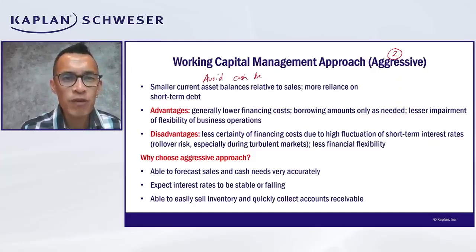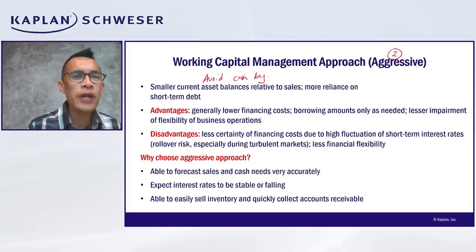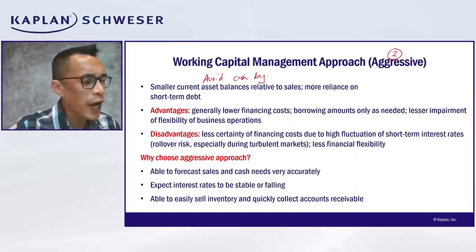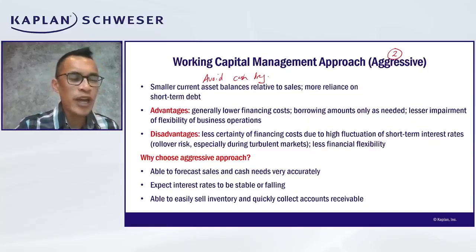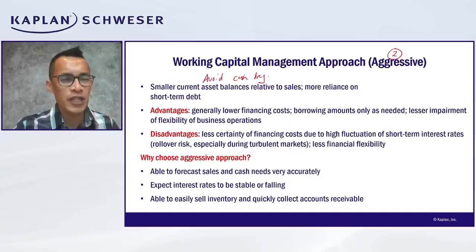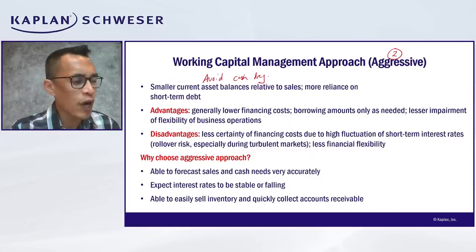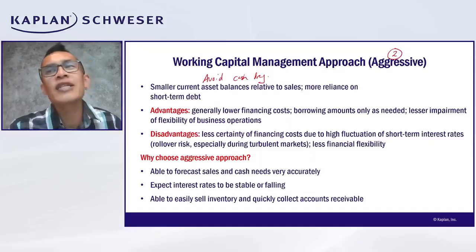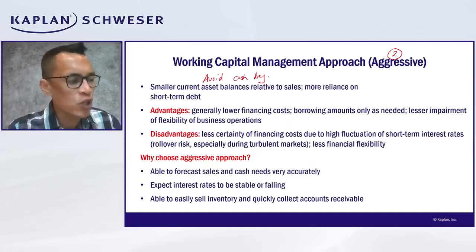I mentioned before that employing an aggressive approach tries to maximize profitability, especially if there's detailed and reliable information to forecast the cash needs. But it just means that you're keeping a much lower cash balance. Now, to meet the current liabilities, there is extensive use of short-term debt. So the assumption is that the short-term interest rates are quite low.